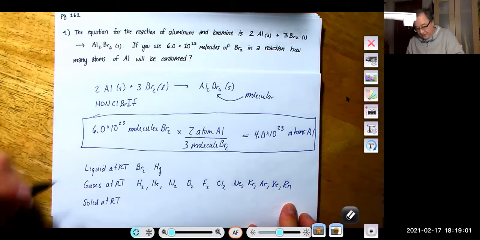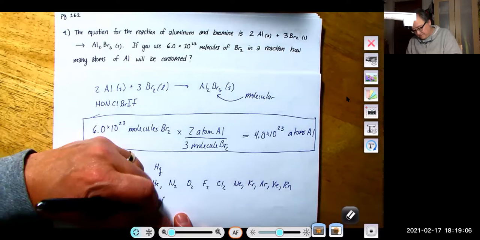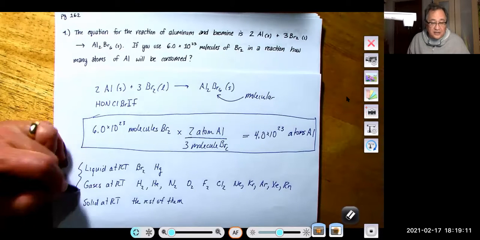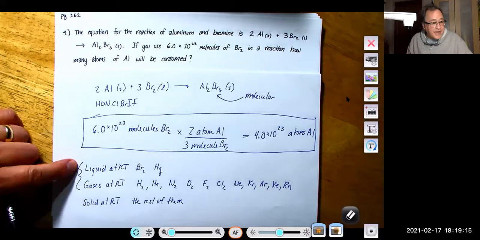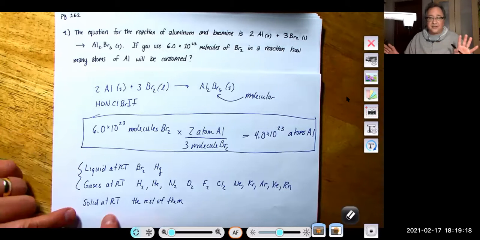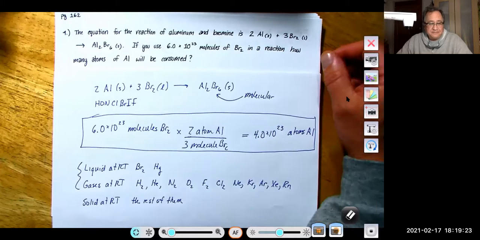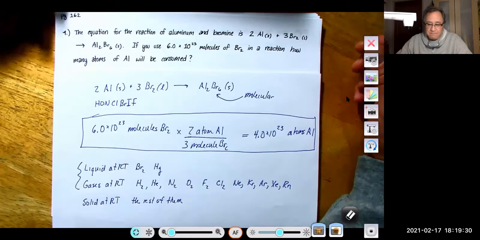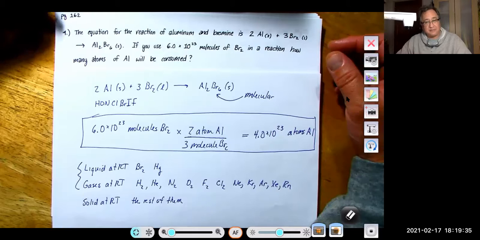The answer is the rest of them. Because these lists are smaller than the solid list, it's easier to remember the liquids. Next easiest to remember the gases, and then the solids are just the rest of them. So what is the state of uranium at room temp? Solid. What is the state of phosphorus at room temp? Solid. Okay. What is the state of carbon at room temp? Solid.